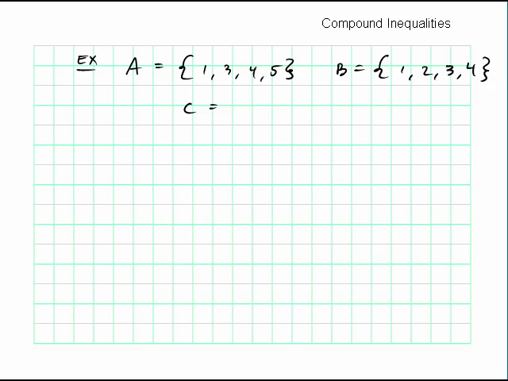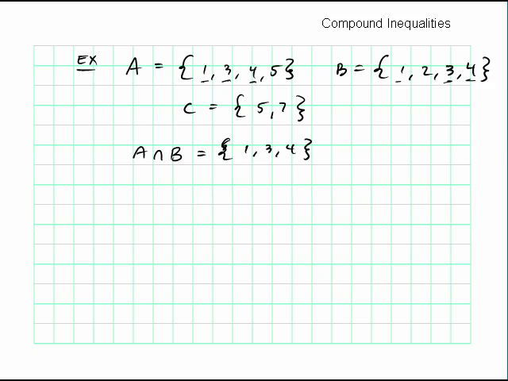Let's say set C is 5 and 7. What then would be A intersect B? What do A and B have in common? Let me see here. They both have a 1. They both have a 4. And they both have a 3 as well. All right, so the intersection of sets A and B would be 1, 3, and 4. Let me fix that. There we go. 1, 3, and 4.